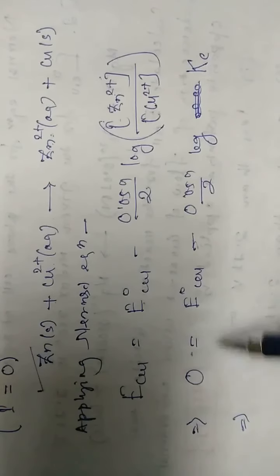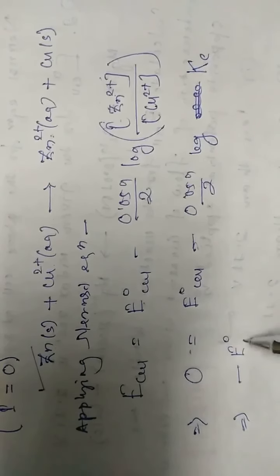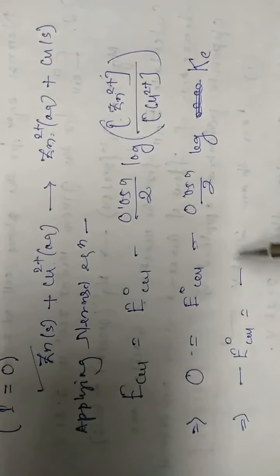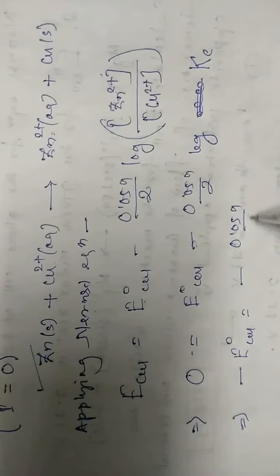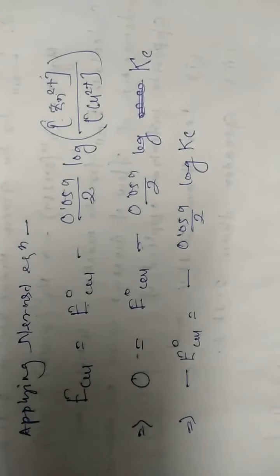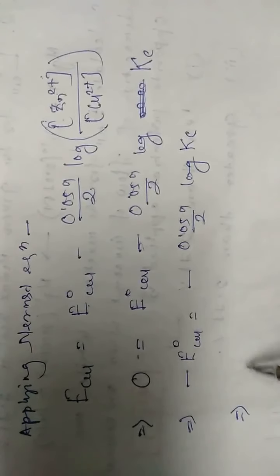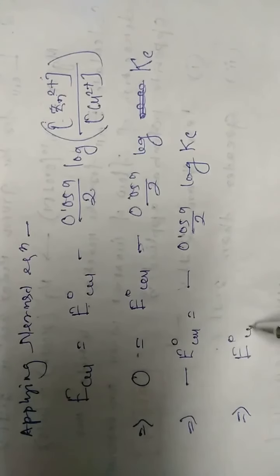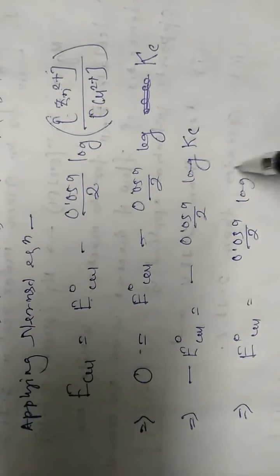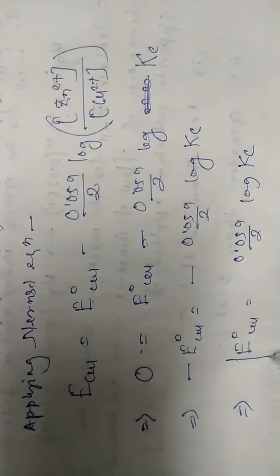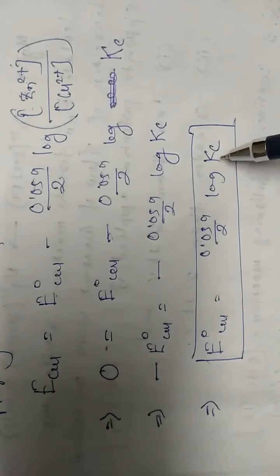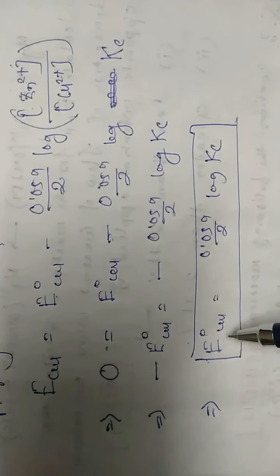Arranging the relation, E naught cell equals 0.059 divided by 2 log Kc, where Kc is the equilibrium constant. So this is the relation to find the equilibrium constant Kc for the Daniell cell.